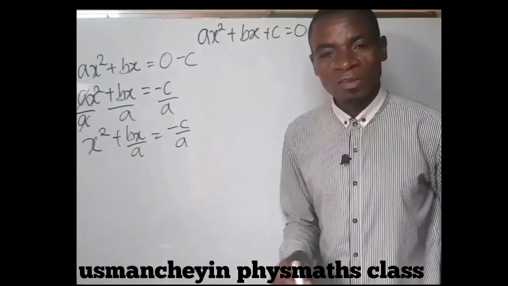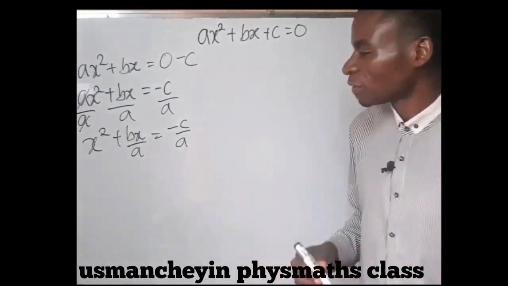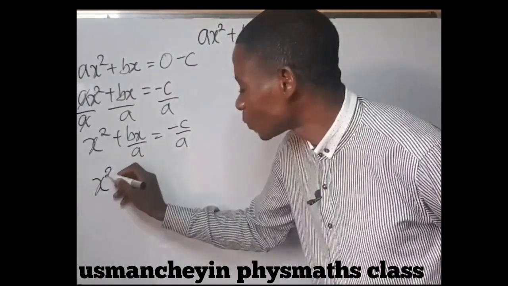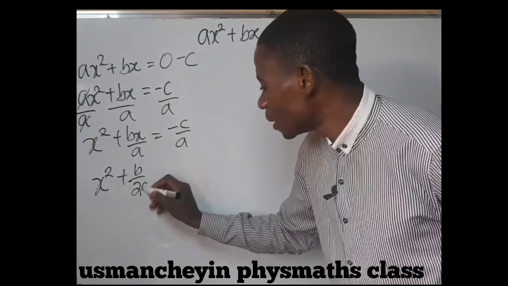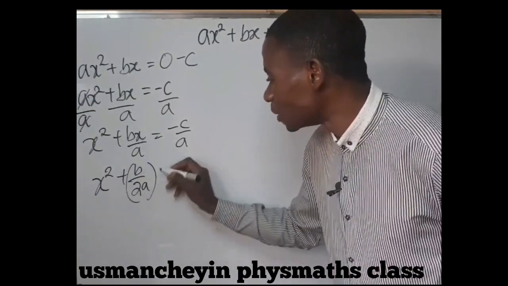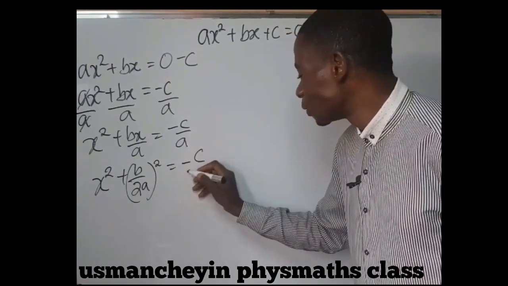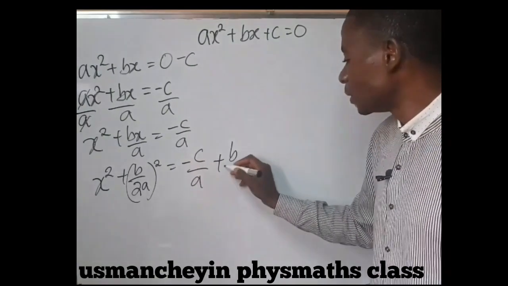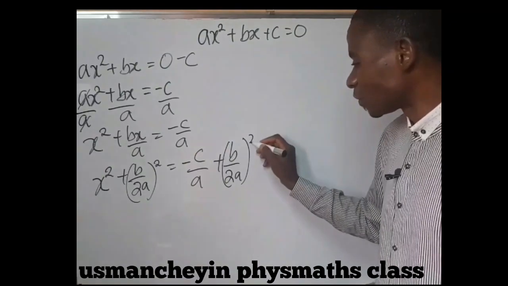Now from this very stage, we'll add the square of half to both sides. So this is going to give us x squared plus b over 2a all in the bracket square equal to minus c over a plus b over 2a all in the bracket square.